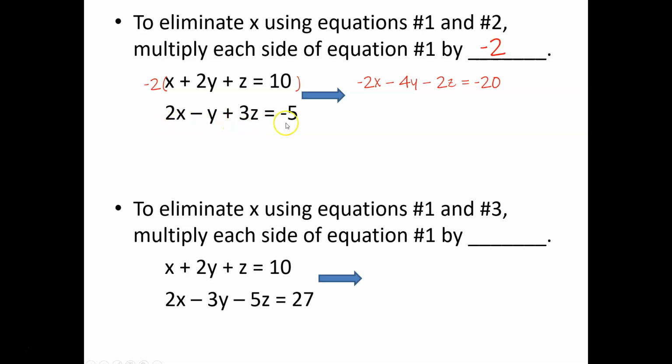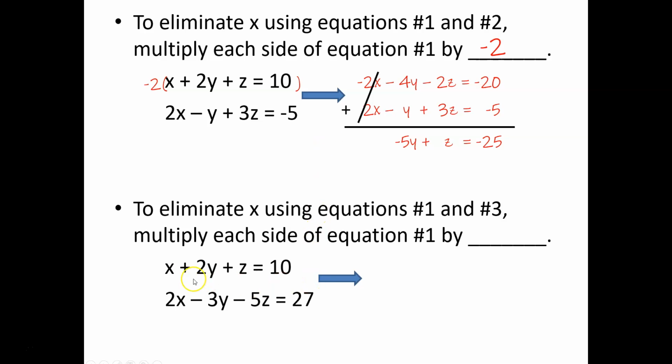Then we're going to take the second equation and rewrite it. Now we're just going to do elimination here. We add, and we see that our x's cancel, and we're left with negative 5y plus z equals negative 25.